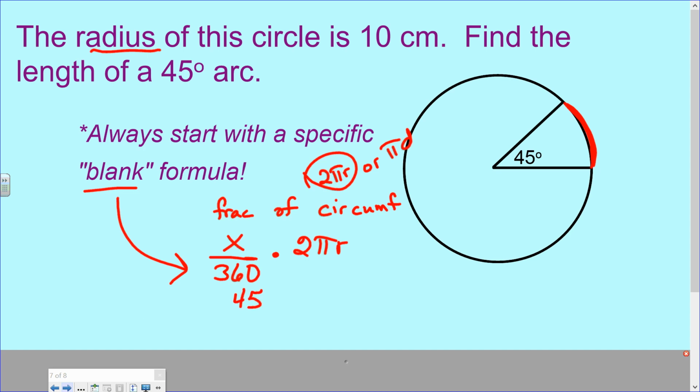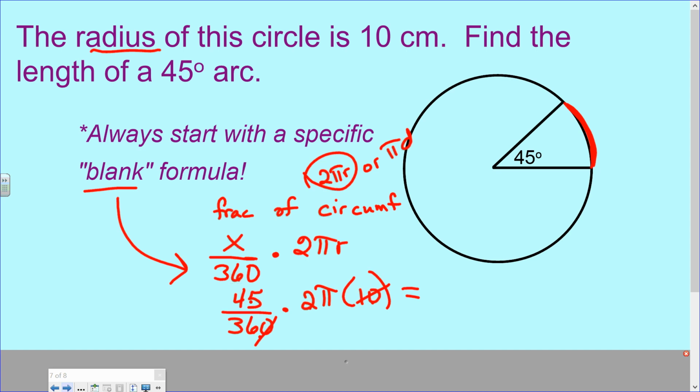Then that becomes 45 over 360 times 2 times pi times 10. Then you punch in on your calculator 45 times 2 times 10 divided by 360, or you do it with mental math.